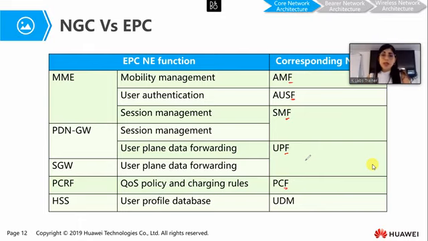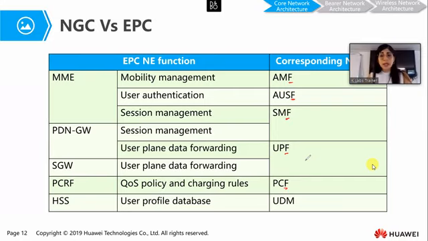Why is that? Because the 5G core network is a cloudified network. It is arranged in network function services. That means for the 5G core network, we are not going to have specific hardware with specific functionalities. Everything is virtualized.